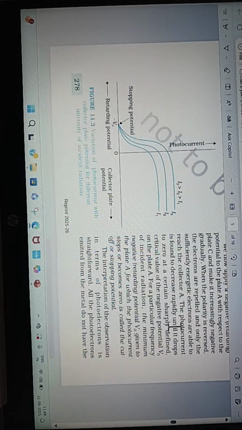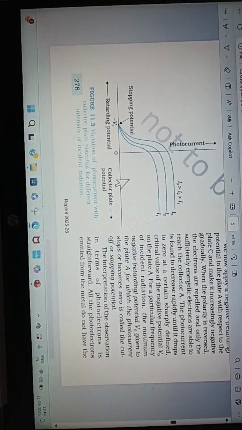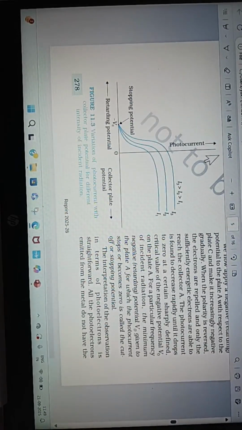If you increase the potential, photoelectric current will increase. When you decrease the potential, at one place the current will come to a stop. That is called stopping potential. This definition will come many times. This is the photoelectric current, and this is the potential at the anode plate, that is the collector plate.